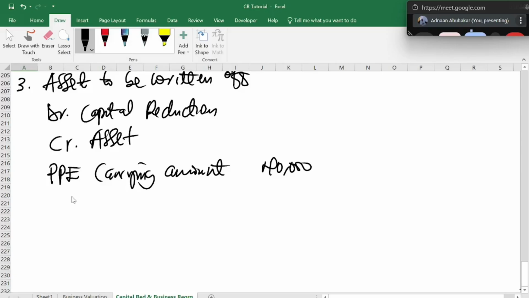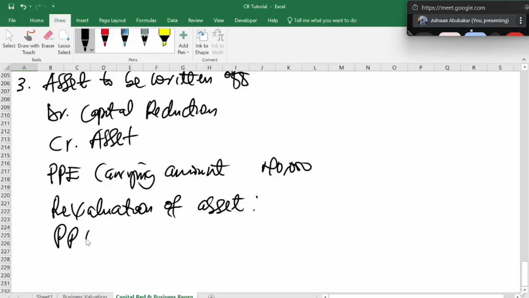Since they are considering a scheme, the company decided to value all its assets. So they did what we call revaluation of assets. And then they have PPE. They revalue the PPE, and when they did the revaluation, the PPE now is 30,000.